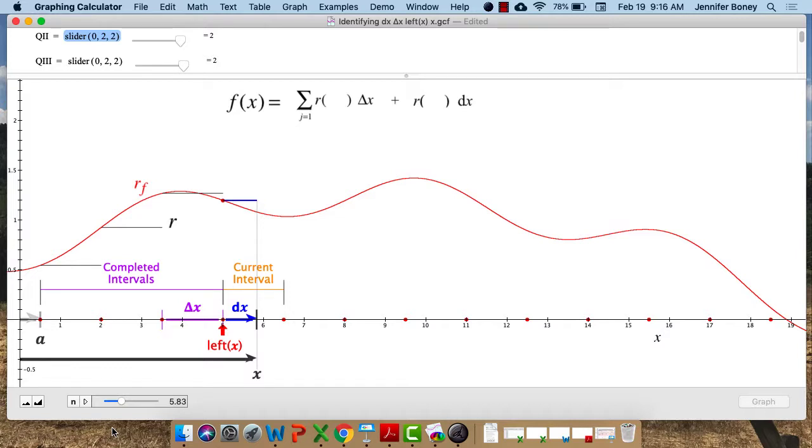But this is what we worked on last time in class. So what I want to do is recap some of the pieces to this in general, starting at a general A and going on towards any general x in the future where we could substitute in a value for that later. So in other words, creating a function that says how much accumulates starting at A and going through any general x if I have a rate function, exact rate function, r sub f, or approximate rate function that I just call r.